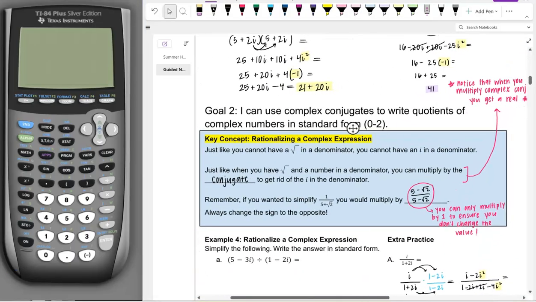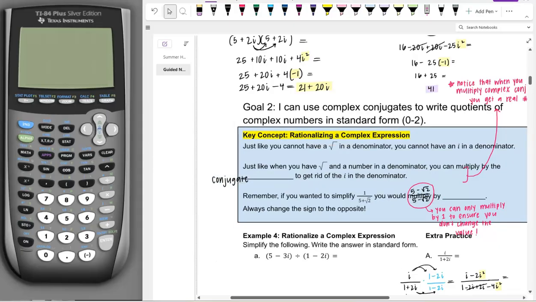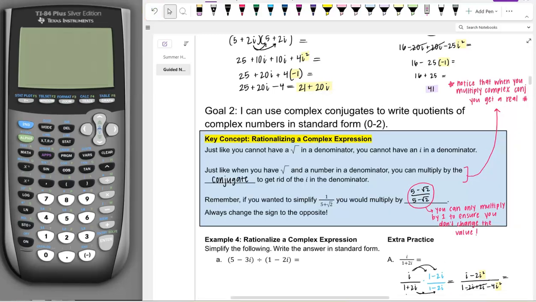When you are trying to divide complex numbers or write the quotients of complex numbers, it is going to be helpful to use the complex conjugate. When you are rationalizing a complex expression, that's what that's called. It's similar to how you rationalize, because you can't have a square root in a denominator.